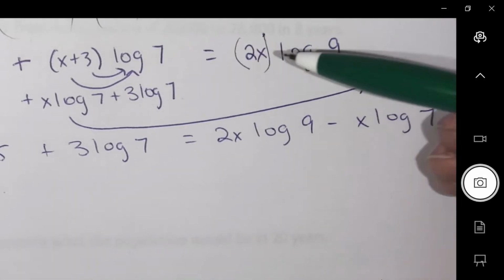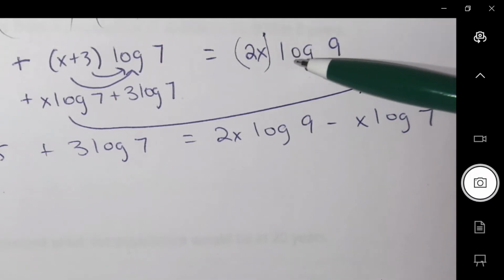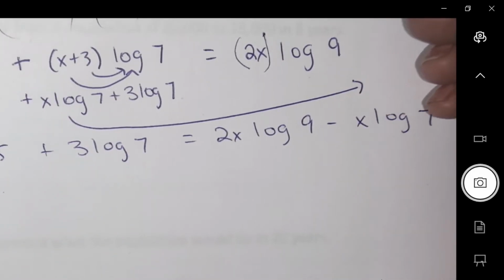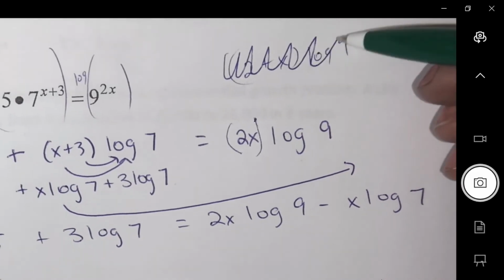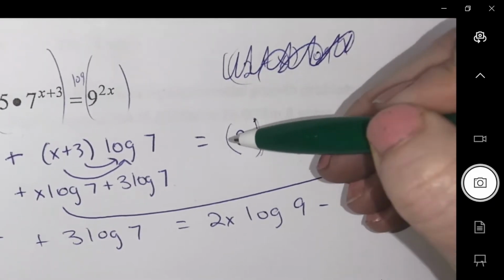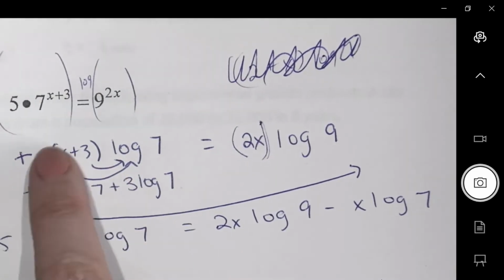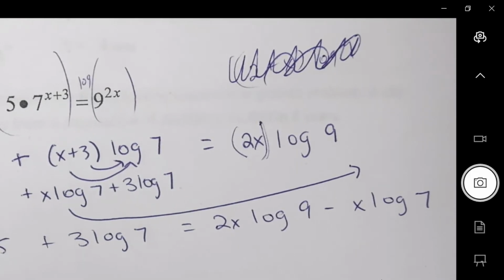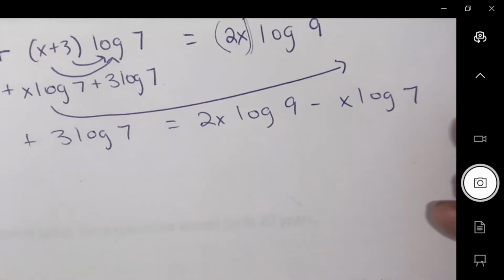Yeah, because it's not a binomial. So 2x is just one term. So x plus 3 is a binomial, so then I have to make two terms. Does that make sense? Okay, so now I'm going to take the x out of this group.